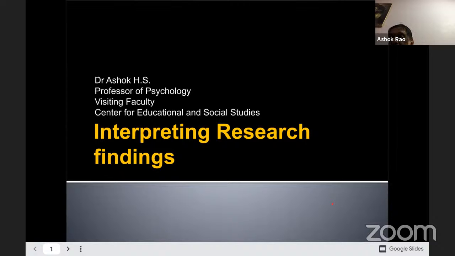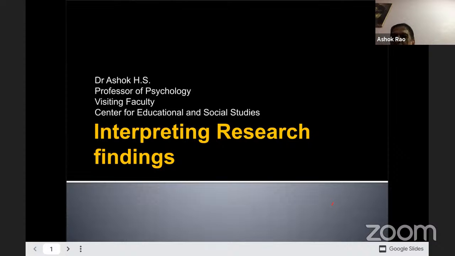Though the data collected is correct, the methodology you have followed is correct, and the measure or technique used for data collection is correct, if cultural differences are there, how are you going to explain it? How are you going to say that culture has not played any role at all, when you know very well that the sample of your research comes from a different culture?